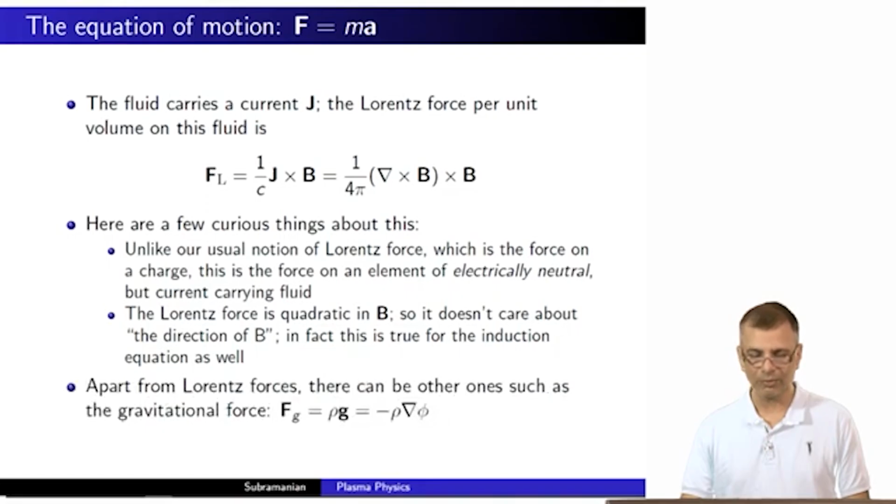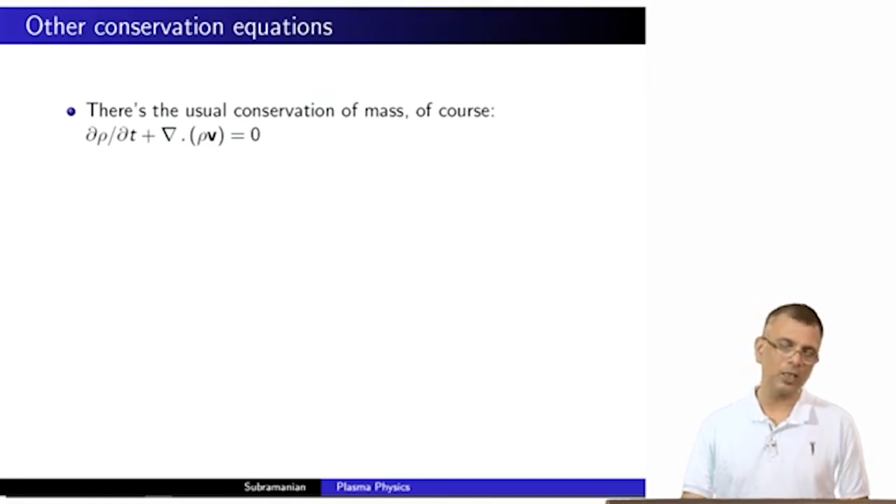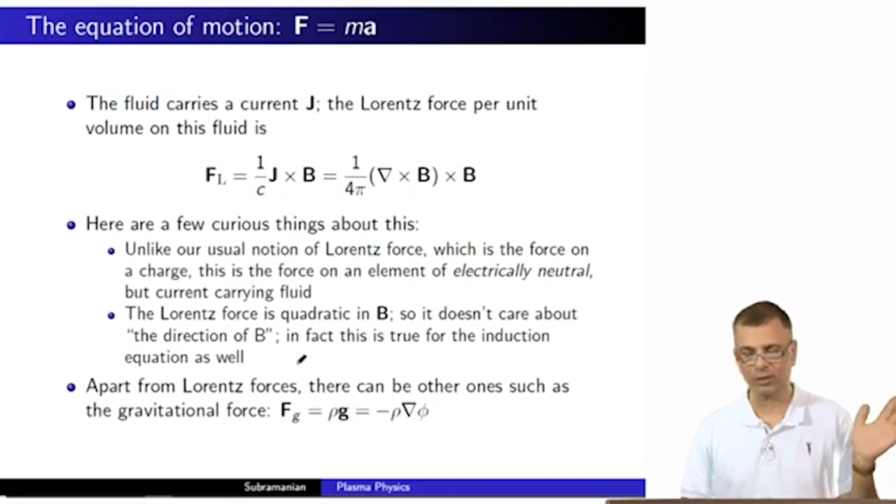Okay. All right. And of course, as we know, apart from Lorentz forces, there can also be other forces such as the gravitational force, the body force, and we know this anyway from regular fluid dynamics. There is no need to go too much into it.